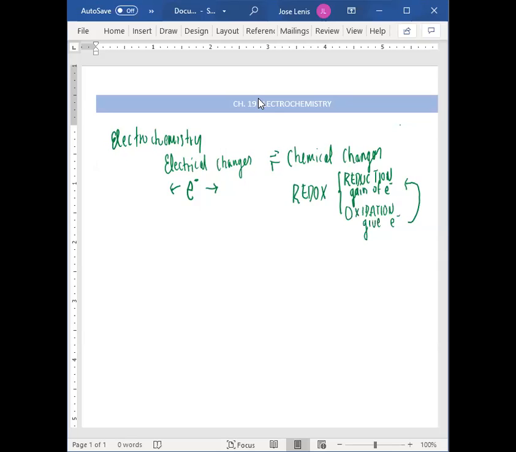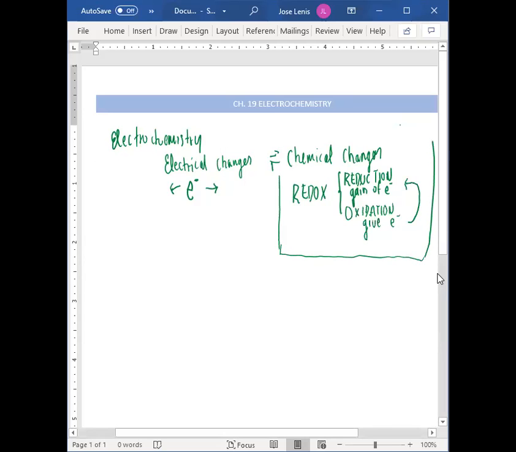This type of chemical reactions are very related to chemical changes, and this is the type that we are going to study this time. It is not exclusive for electrical change to occur, but we are going to focus on this type of reactions and the relationships with electrical changes occurring. So we have a system running a chemical process.